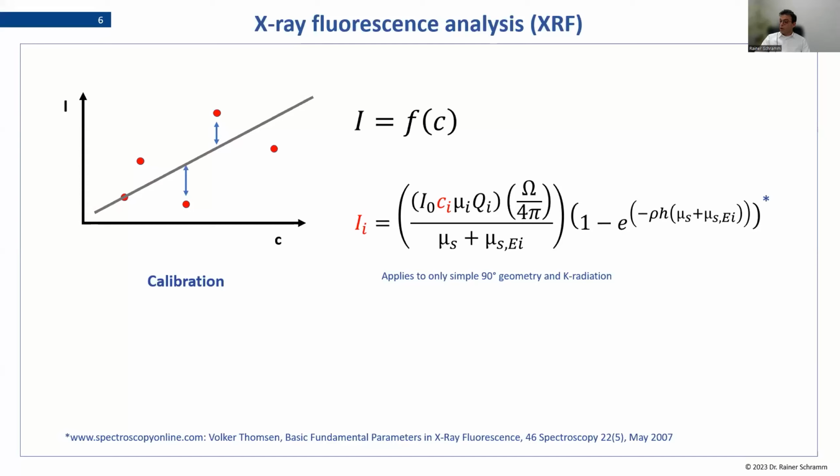Then another question is about the minimum X-ray power to do standardless analysis. I would say this has nothing to do with the power. The X-ray power is a product of the voltage and the current of your tube. The voltage will decide which elements are excited, and the current will decide how much intensity is coming out.